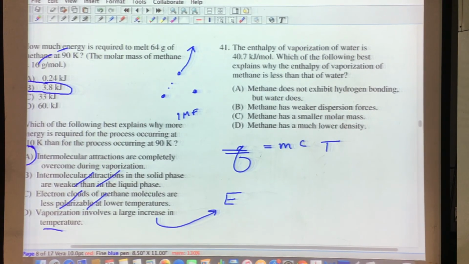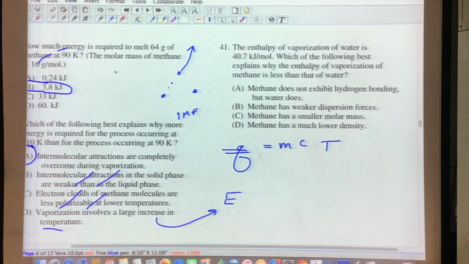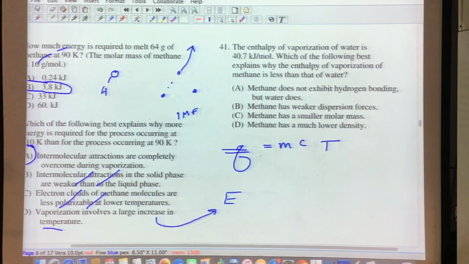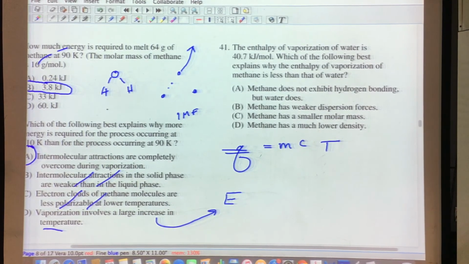Now, what does water have that methane does not? Water has these electron deficient H's, otherwise called H bonding. So, methane does not exhibit hydrogen bonding. But you say, Mr. Grodsky, methane has a carbon and 4 H's.